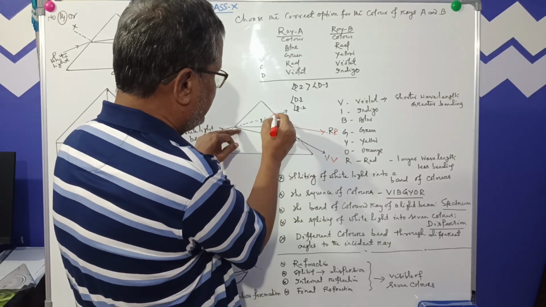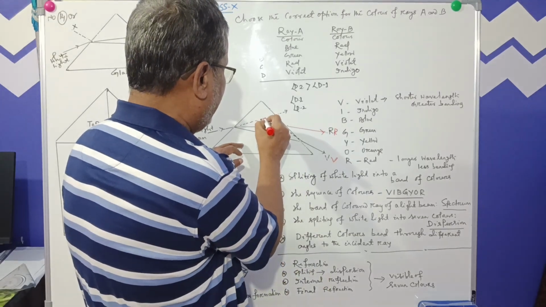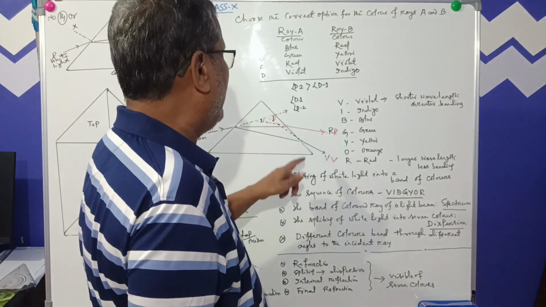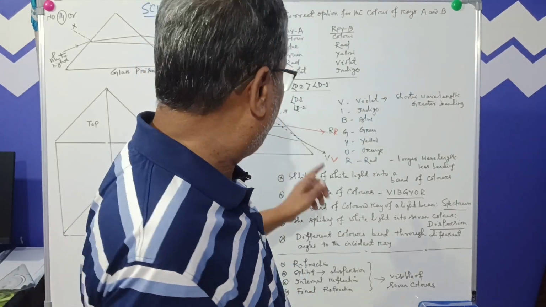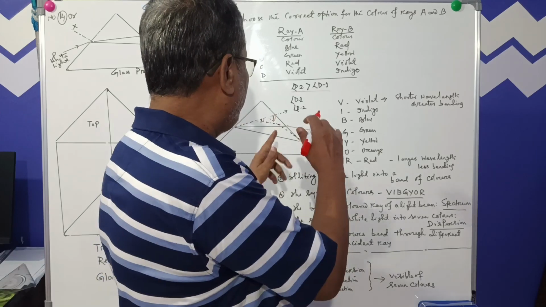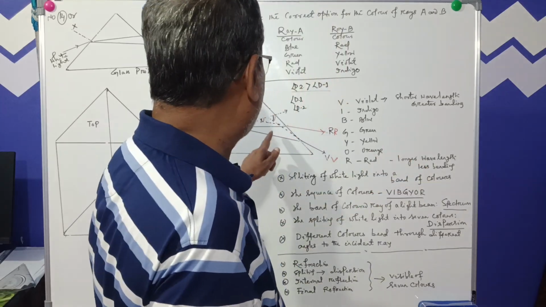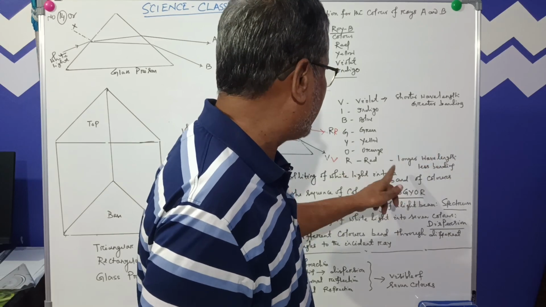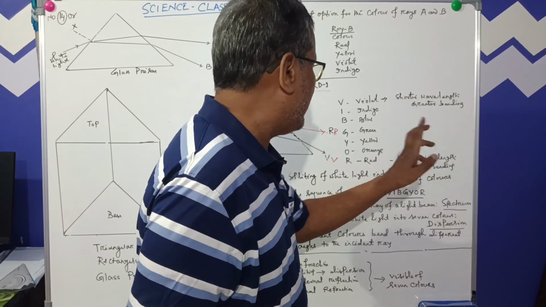If we join this, this angle is for violet and this angle for red. This is D1 and this is D2, and this is called angle of deviation. Angle of deviation D2 is greater than D1. So when the angle of deviation is more, the wavelength is shorter, and when the angle of deviation is less, the wavelength is greater, for red. Less bending, longer wavelength.